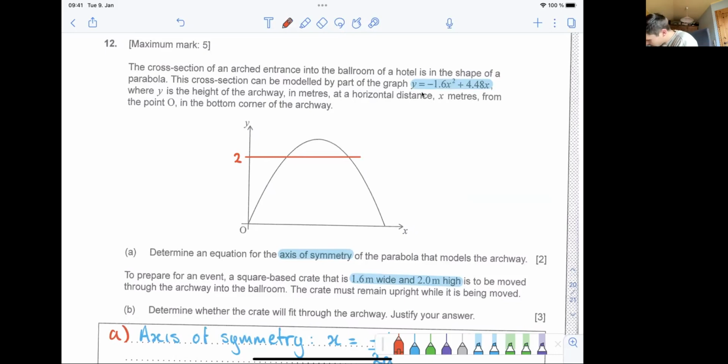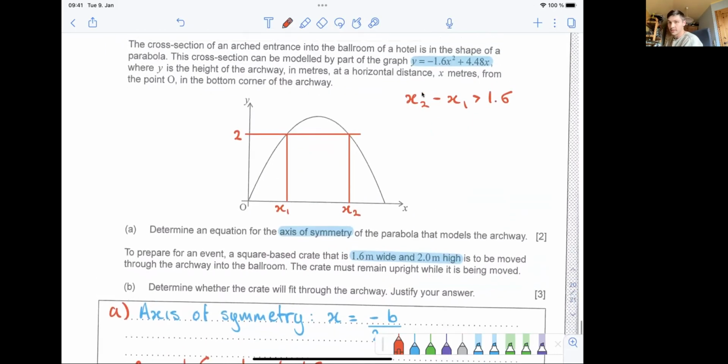Now, let's call the x-values of these two points x1 and x2. If x2 minus x1 is more than 1.6, so more than the width of the crate, then we're good. Therefore, the crate fits.